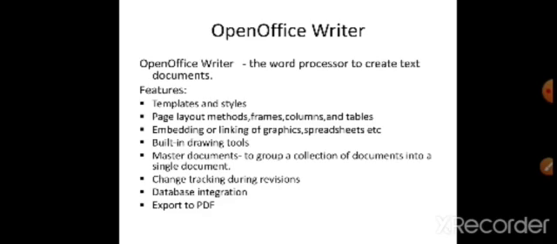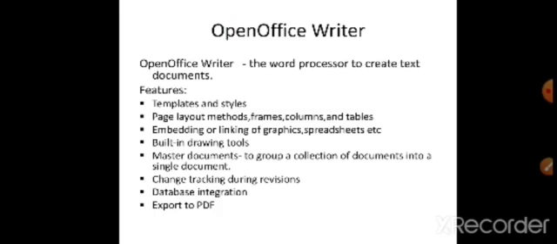What are the features of Openoffice Writer? First, it is used to create templates and styles, and to create page layout methods, including frames, columns and tables, and embedding or linking of graphics, spreadsheets and other objects.